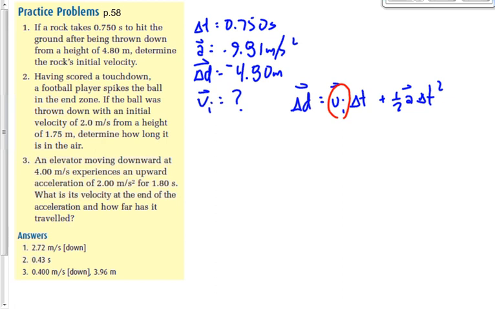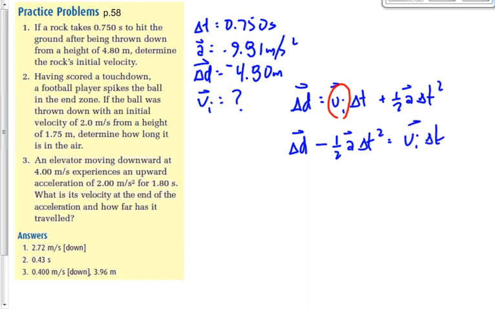What's not attached to VI here? What's not connected to it? Yes, 1/2 AT squared. Since 1/2 AT squared is added to this, let's take it over to the other side by subtracting. It becomes D minus 1/2 AT squared equals VIT.